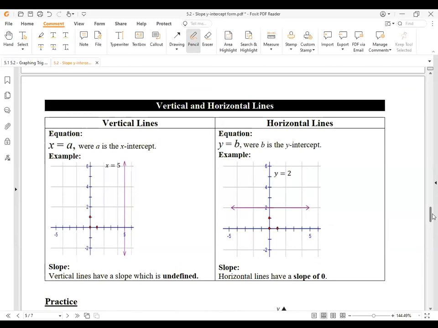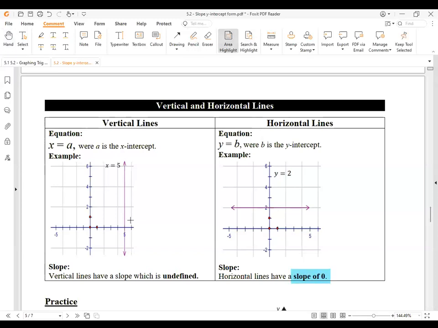We're not going uphill or downhill, so the slope is 0. So if 0 is reserved for horizontal, what do I call vertical again? What is the slope of a cliff? Infinity.